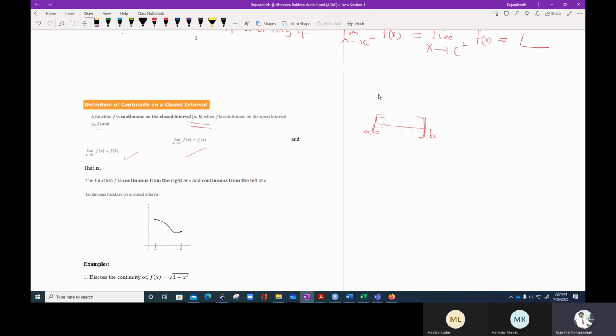So for the closed interval, we use brackets. To denote the closed interval, we use the bracket. So the meaning is all the real values in between A and B, and also A and B are included. So endpoints are included.